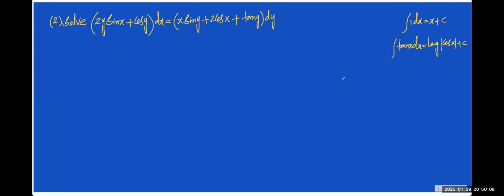Now I am doing the solution of this problem. Solution. The mistake most students make is starting by saying mdx plus ndy. This is not in mdx plus ndy form.